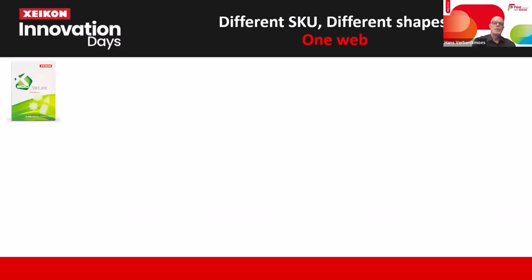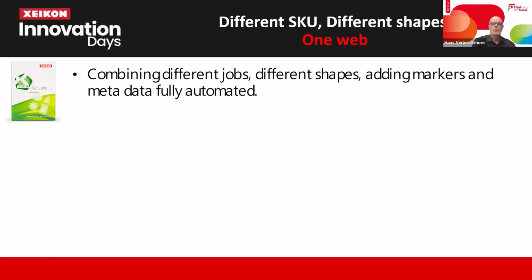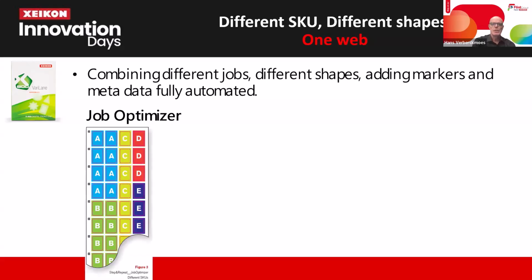Another challenge that people have if they go into digital, because you're going to shorten runs, is that you need to optimize your web. So also here, XEIKON has a range of solutions. First of all, we have Job Optimizer, where you say, look, I have one size, but I have many different versions. You can use Optimizer to best lay out the jobs on your printing web.